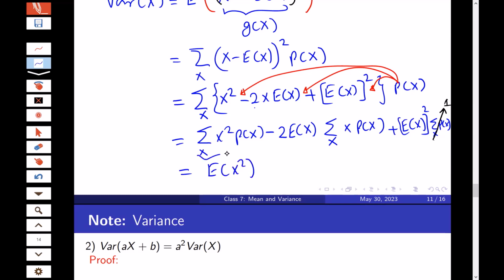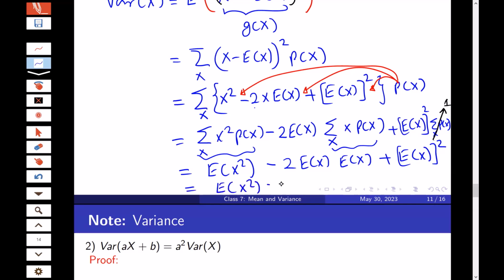So this part is E of x squared minus 2 E of x, and this part will be E of x as well, and E of x everything squared is the last term. Now you can simplify: you have E of x times E of x, which is E of x squared, so minus 2 E of x squared plus E of x squared, which leaves E of x everything squared. That's the end of the proof.